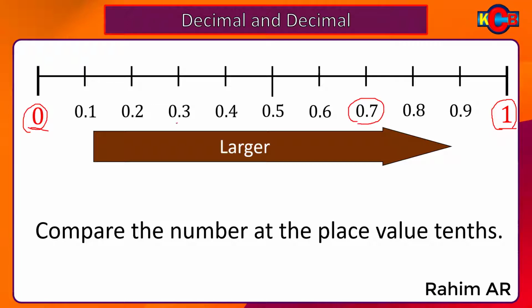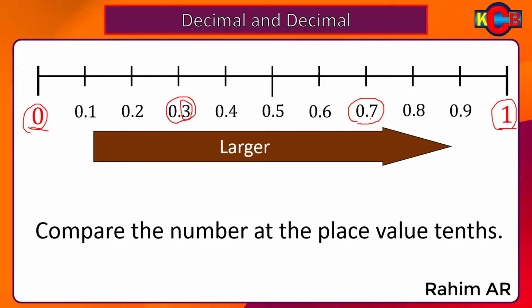As an example, here we have 0.7 and 0.3. Between 0.7 and 0.3, 0.7 is at the right and 0.3 at the left. We know that 0.7 is larger, but we can also look at the place value tenths. Here, the number at the place value tenths is 3.